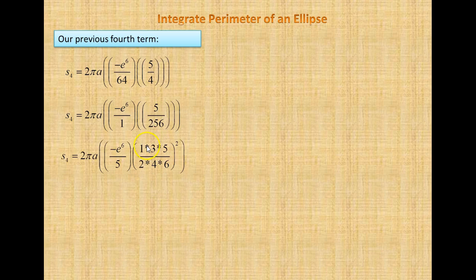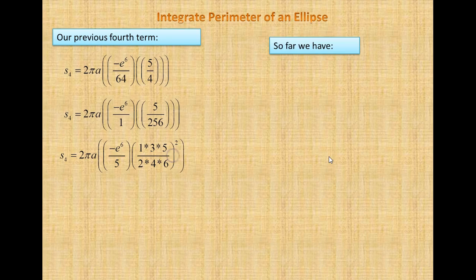And to make this look like the remainder, the previous equations, we have a 5 under the 6, e to the 6, and in the numerator we have 1, 3, 5, and in the denominator we have 2, 4, 6, and we square that.